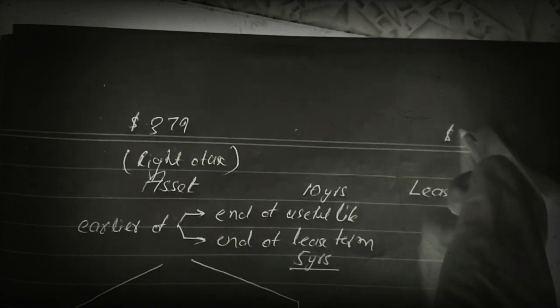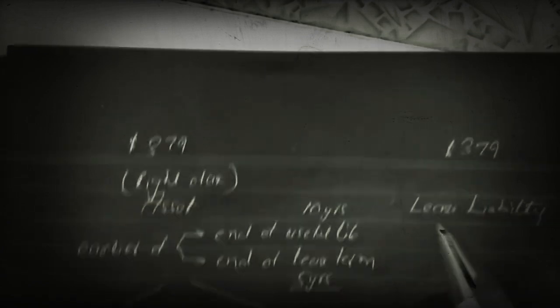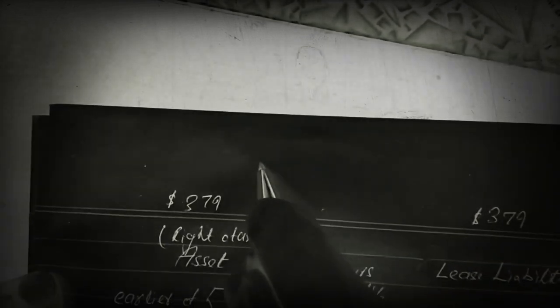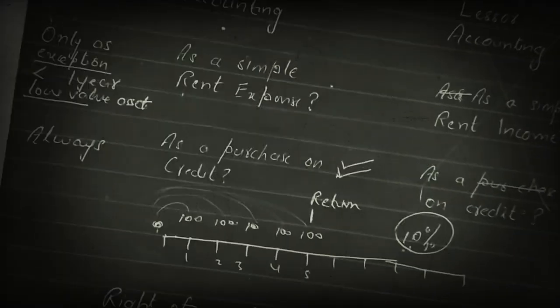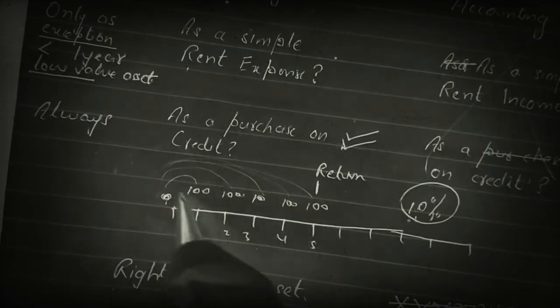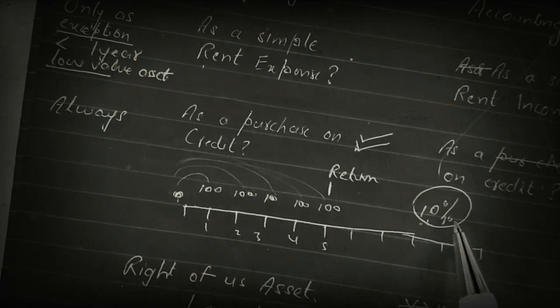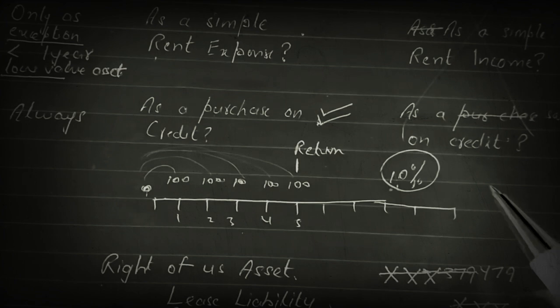And how did we come up with that amount? We came up with that amount because we had 5 installments, and all those 5 installments had been present valued to point zero by a discount rate, which was the interest rate implicit in the lease.